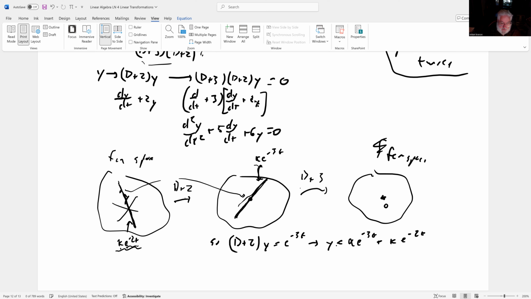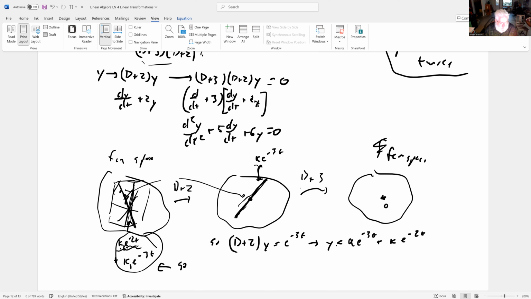So this space actually gets mapped to itself by d plus 2. So we end up with two dimensions in this, two lines in this function space, and they span a plane, a two-dimensional space, and that's because we did differentiation twice.